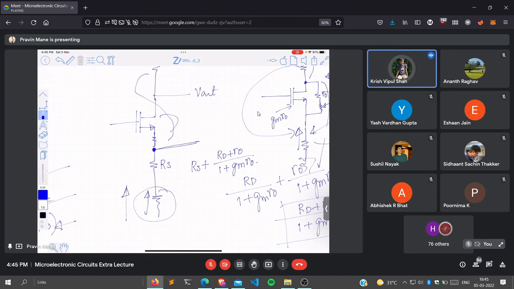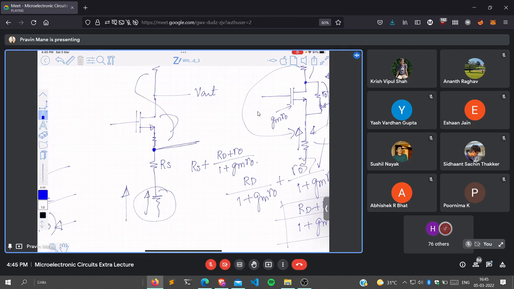Sir, when you said seen through the source terminal, do you mean to include RS or not? It will be pointed out from where you are actually looking. Suppose my input is applied here and somebody asks you, what is the purpose of calculating input and output impedances?